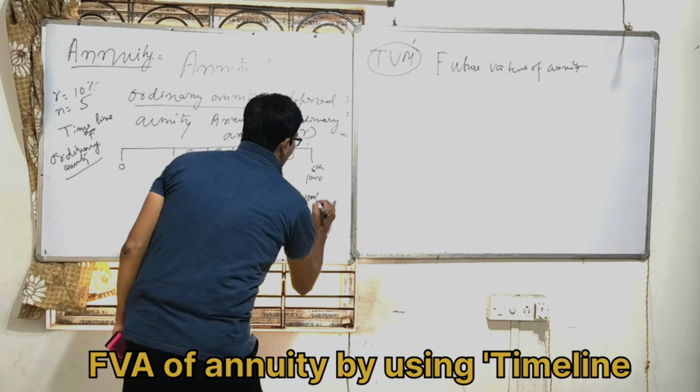So we can put it like this. Generalized formula: a into 1 plus r to the power n minus 1, you see, the first one is n minus 1, the second one is a into 1 plus r to the power n minus 2.